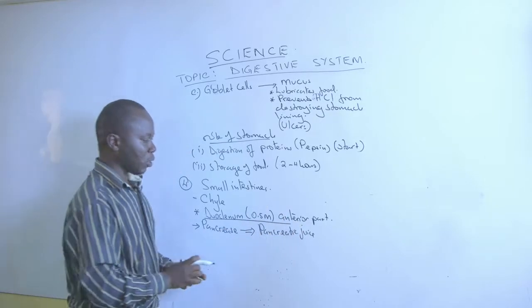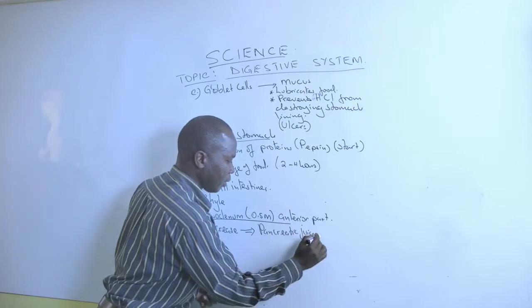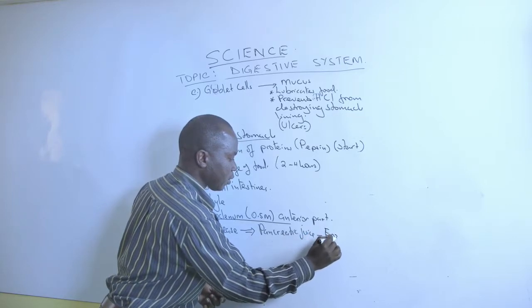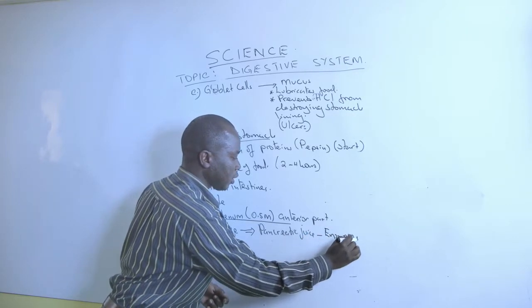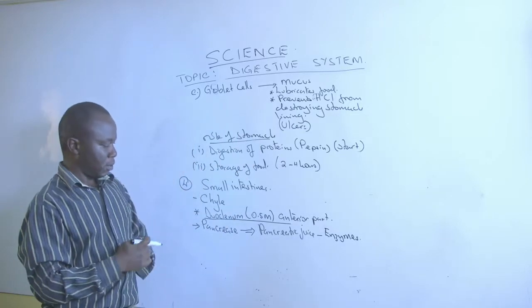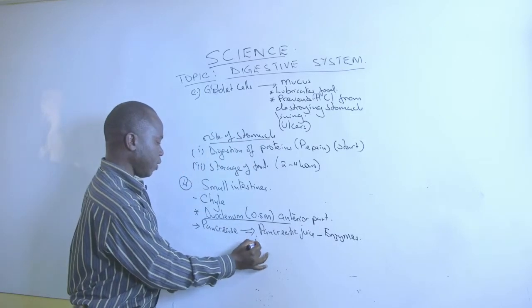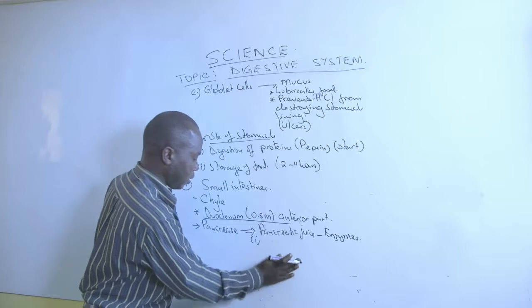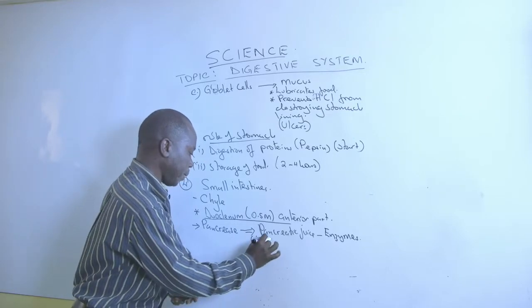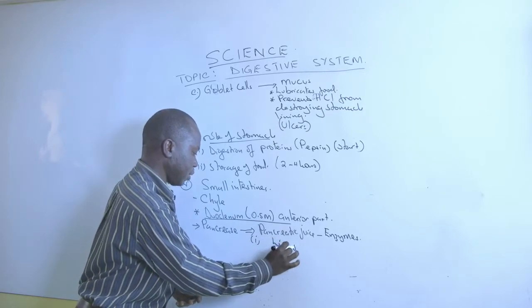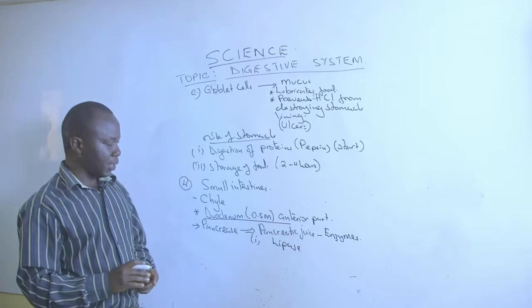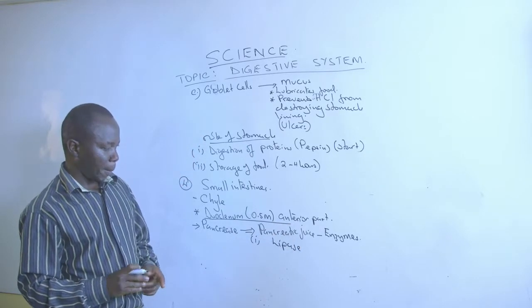Pancreatic juice contains majorly enzymes. What are these enzymes? One of them is an enzyme called lipase, sometimes referred to as pancreatic lipase.